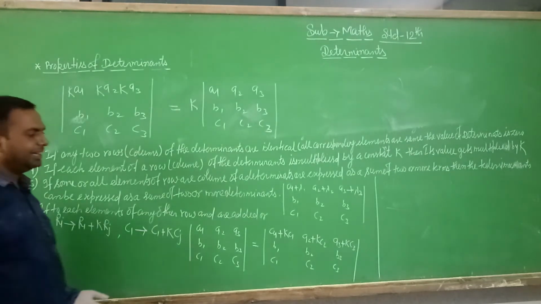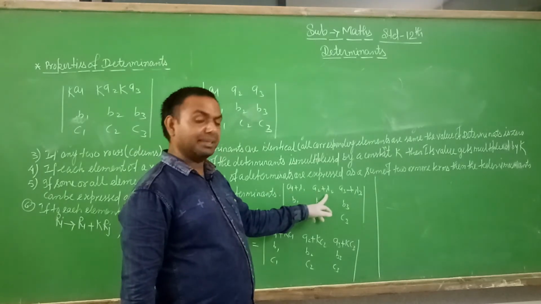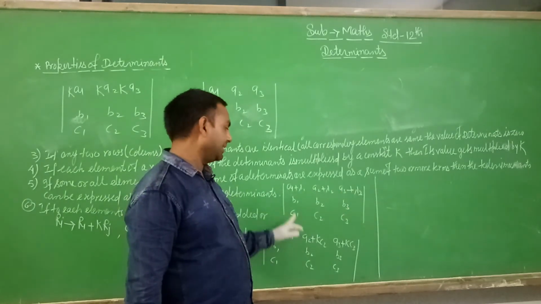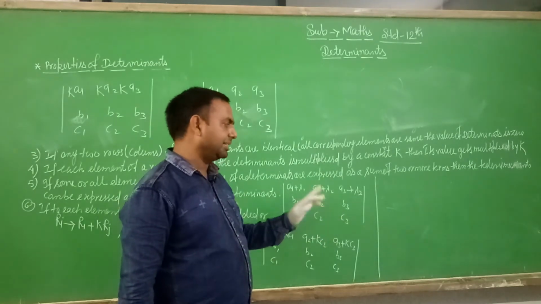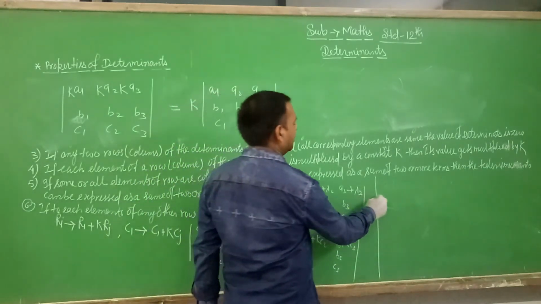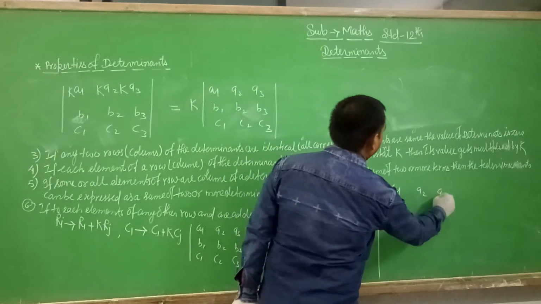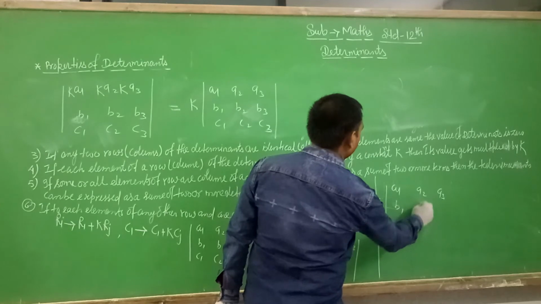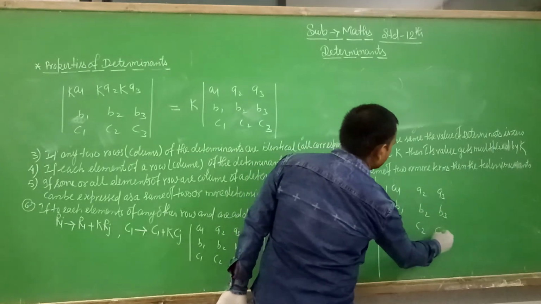For example, here is a1 plus lambda 1, a2 plus lambda 2, a3 plus lambda 3, b1, b2, b3 and c1, c2, c3. Then you can also write it in the form a1, a2, a3, then b1, b2, b3, then c1, c2, c3.